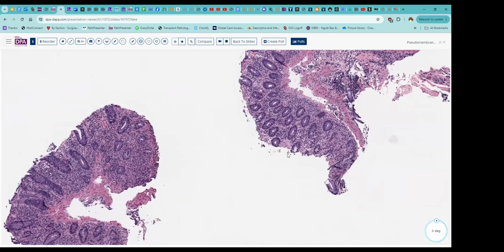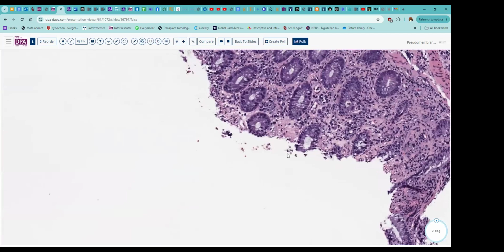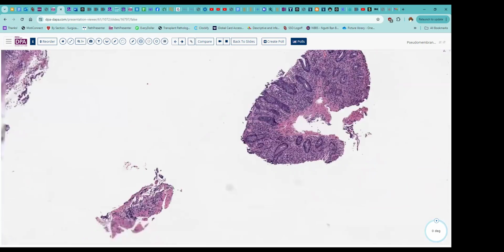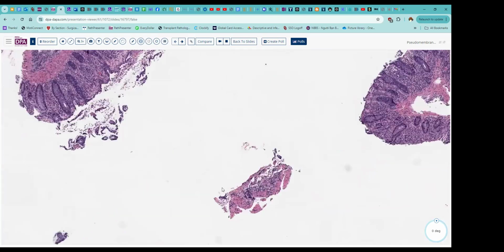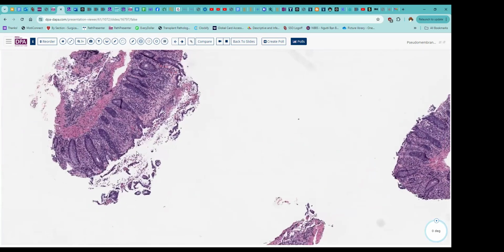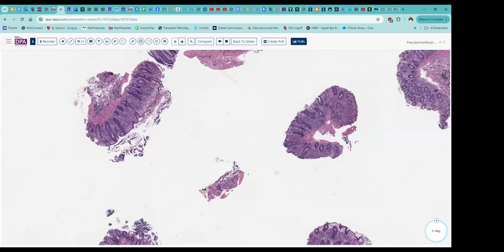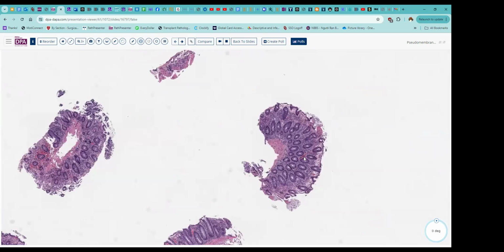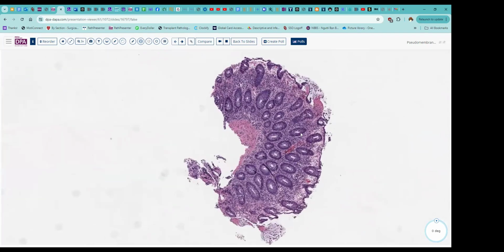Even though we don't have fully developed pseudomembranes, we did have this one area over here with a very early eruptive appearance. And this is the pseudomembrane, this exudate on the surface. So with this type of a sample, I would certainly say we should do toxin checking.